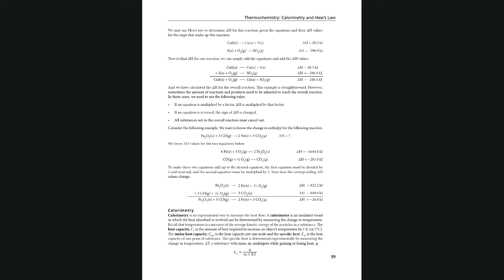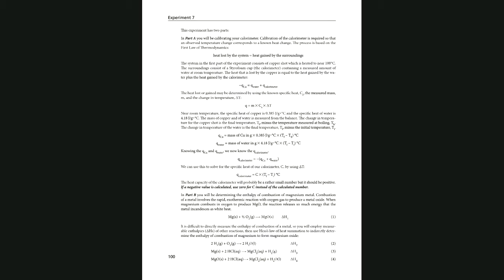The reaction that we are interested in today is the combustion of magnesium. The combustion of magnesium is not going to be easy for you to calculate by changing the temperature of the water in the calorimeter, and even if it's done, we want to determine it experimentally using Hess's law.